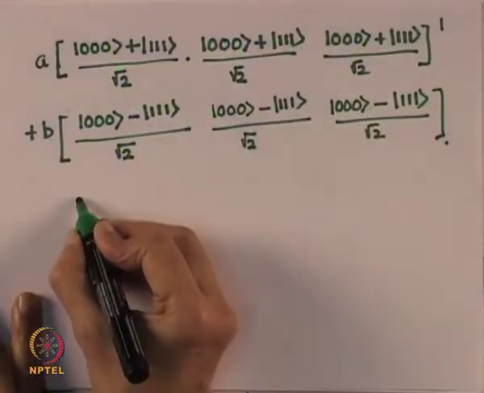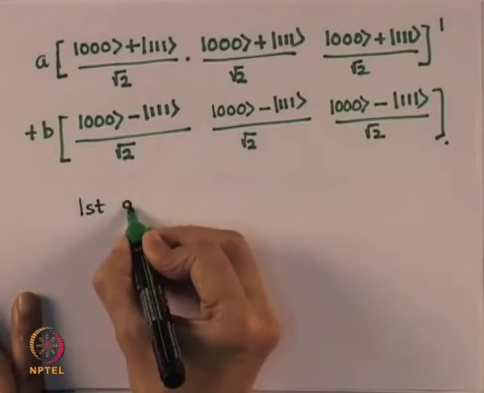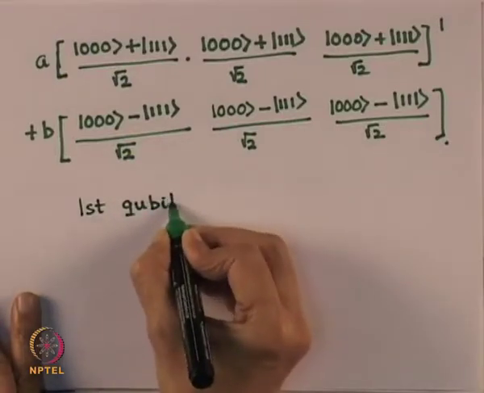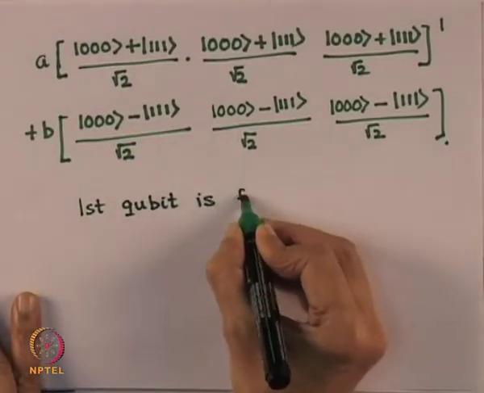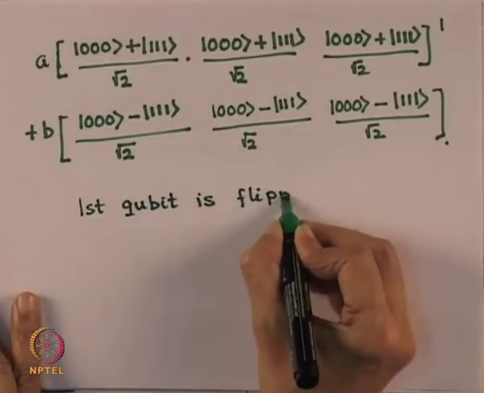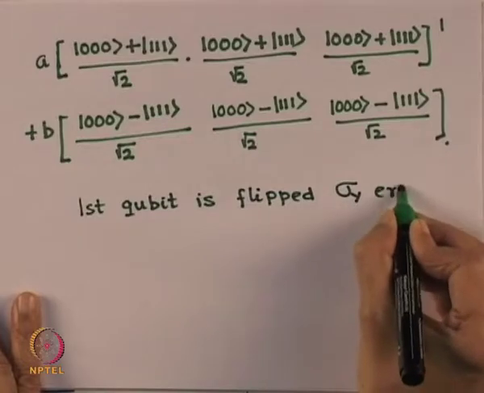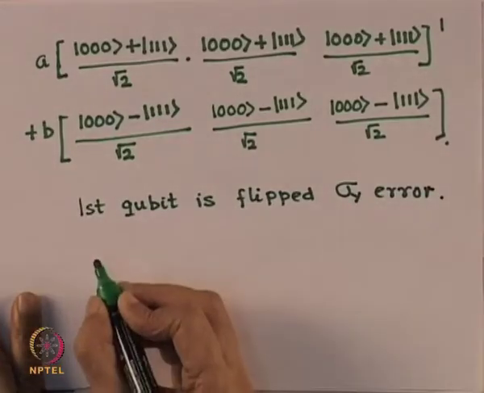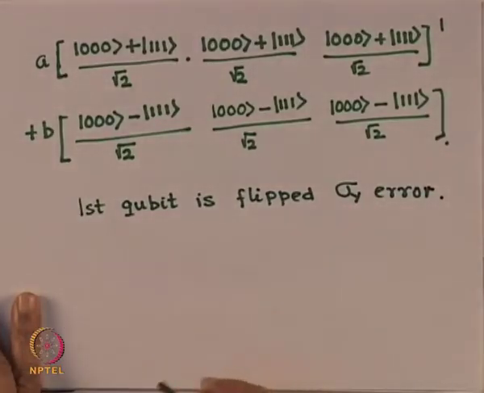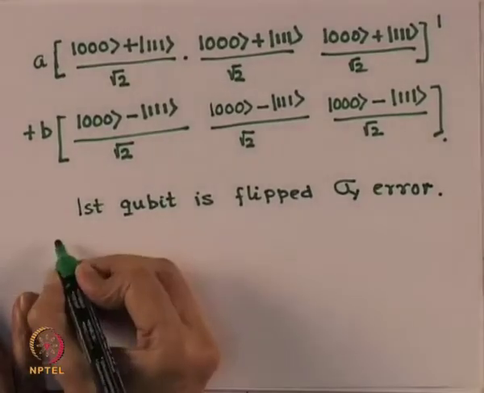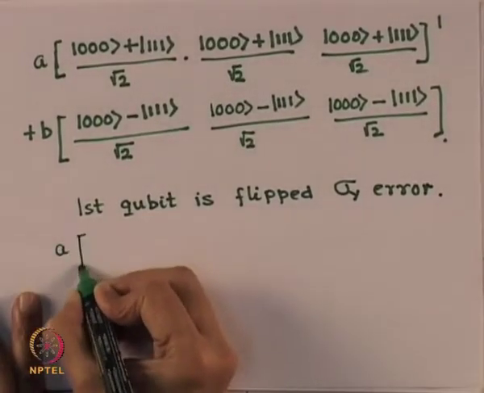So we'll assume the first qubit is flipped, both sides, sigma YL. Now in that case, what do I get? What I get as a result is this.